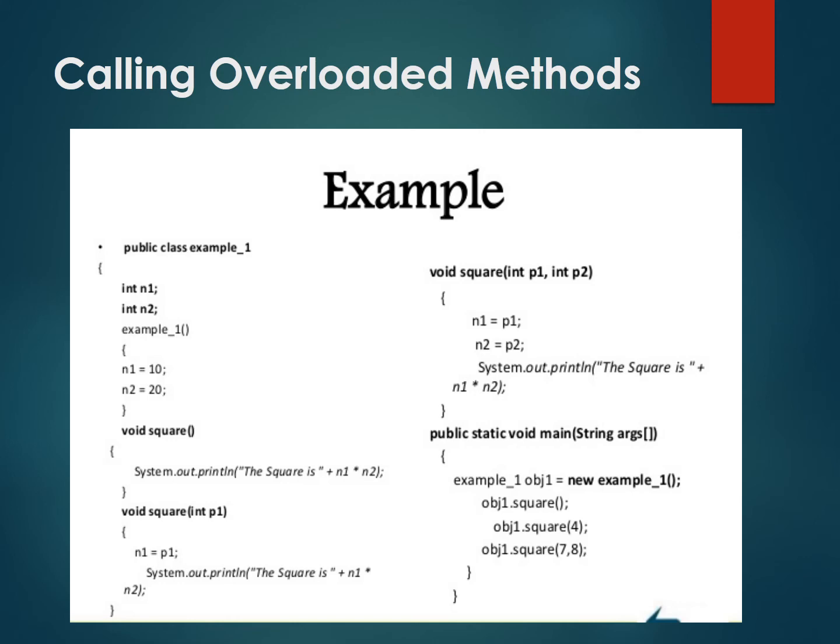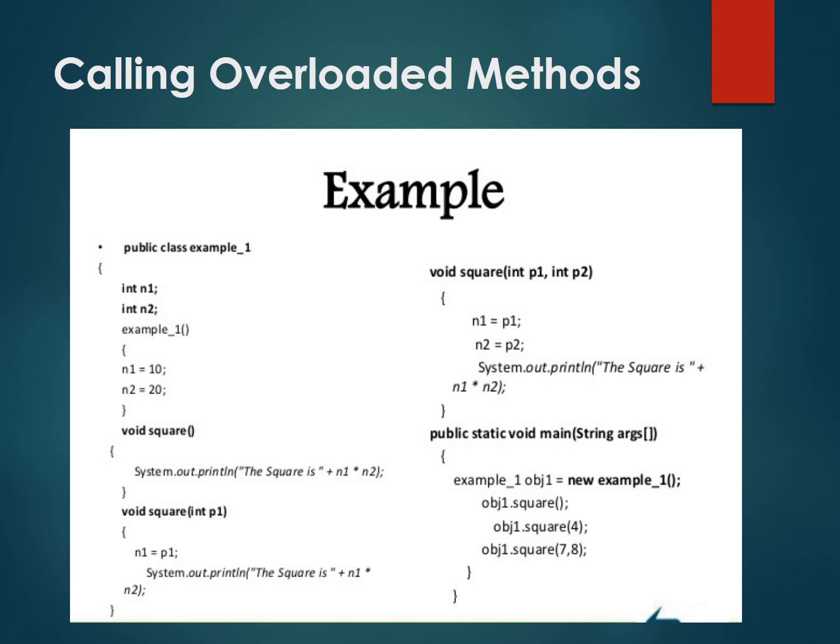Next square contains one formal parameter of integer type, that is p1, and it is assigning the accepted value p1 to the instance variable n1 and printing the product of n1 and n2. Similarly, the third method square contains two formal parameters, both of integer type, p1 and p2. Again, they are assigning the values of p1 and p2 to n1 and n2 respectively and printing the product.